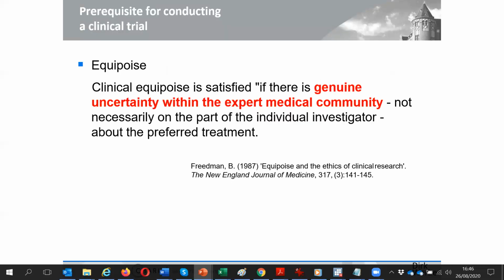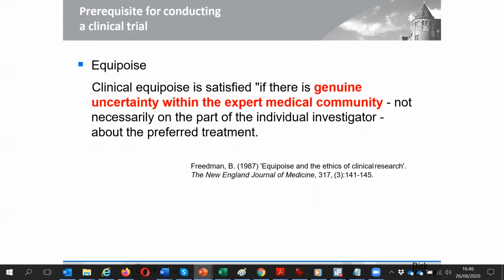What are some of the prerequisites of conducting a clinical trial? We have what we call equipoise, and equipoise is certified if there is genuine uncertainty within the expert medical community, not necessarily on the part of the individual investigator, about the preferred treatment.